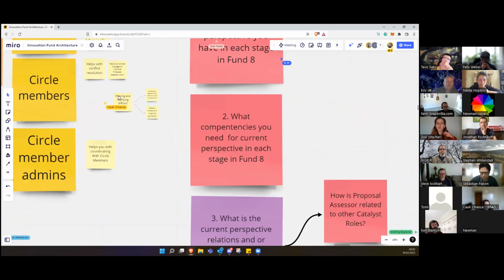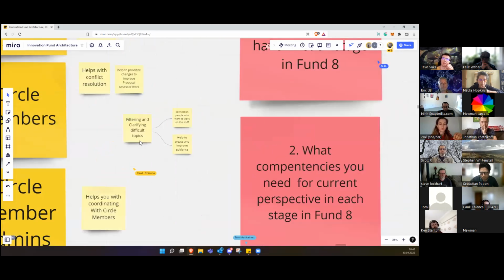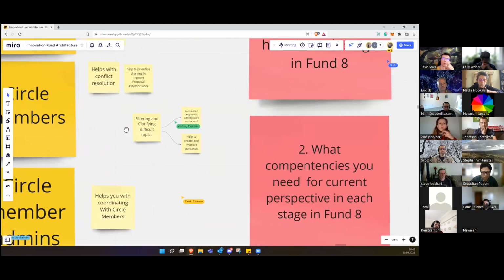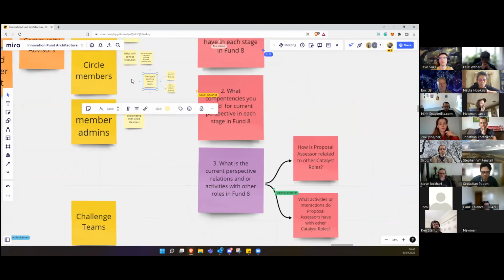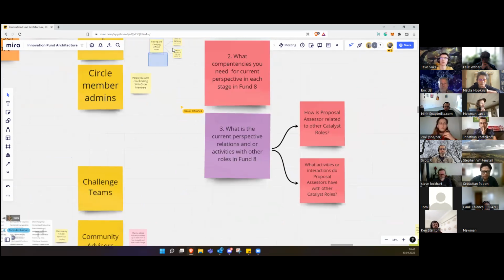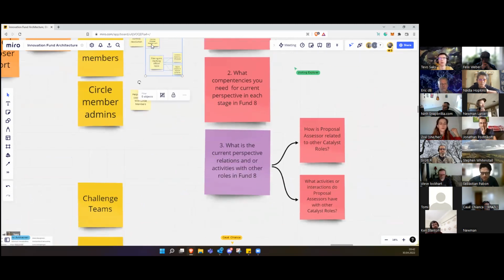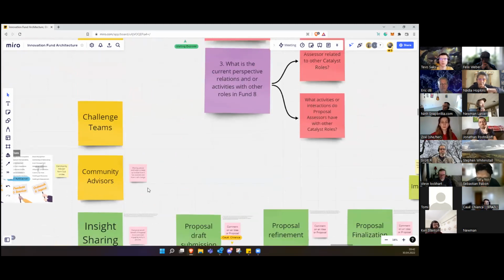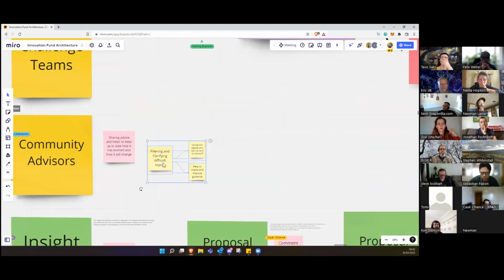And now we don't want to give the circle members the work to filter and clarify difficult topics, but instead still bring it to the community advisors as the subcircle. Yeah, just to clarify, what I just described is the existing process. It's always been the process for Circle. Anything that's brought to Circle should be in the form of a prioritized problem.